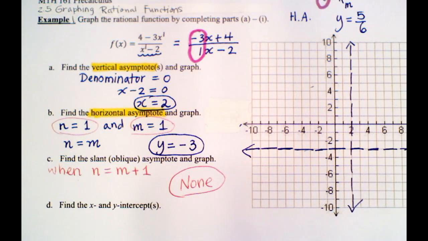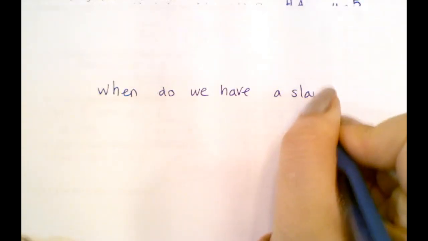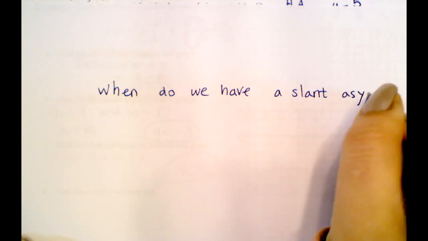Why not? Let me make up some examples and show you when we will have slant asymptotes. I'm grabbing a piece of paper, okay? So, when do we have a slant asymptote?